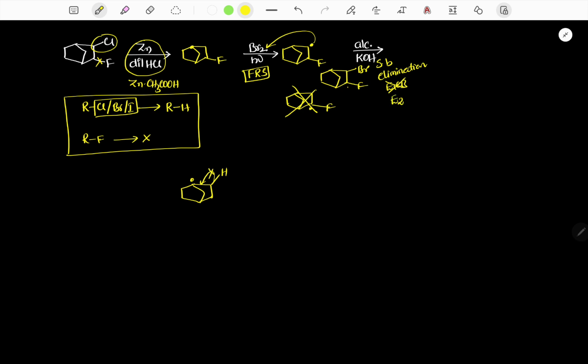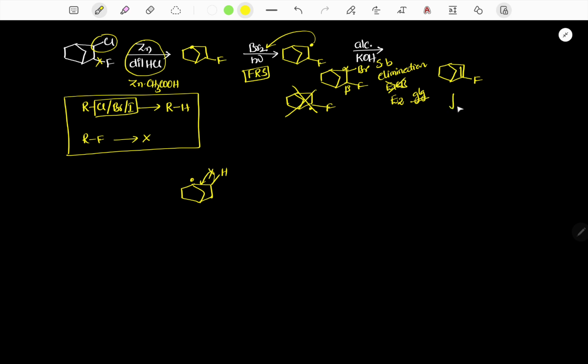Now we will take the E2 mechanism, and if a good leaving group and a bad leaving group are both competing, we should remove the good leaving group. Therefore, with respect to Br, with alpha carbon and beta carbon, we have to do elimination. And finally, we get a product like this.